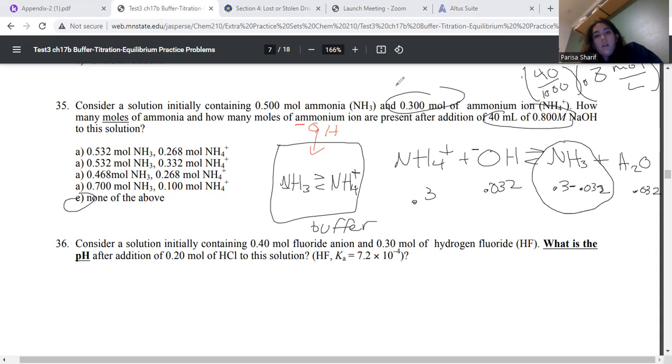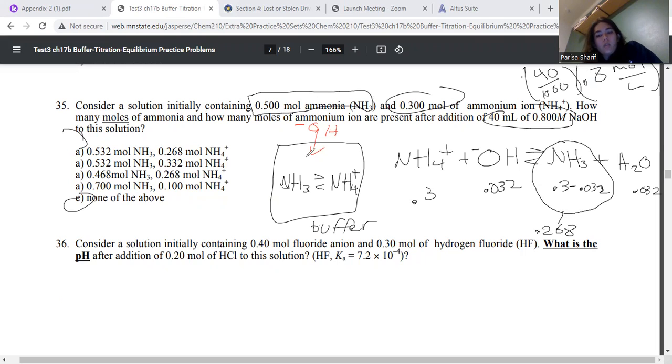The only thing is, so we made 0.3 minus 0.032 of the ammonia, right? So let's calculate what that is. 0.3 minus 0.032. That's 0.268. But I was looking for 0.268 here because I forgot there was already some ammonia in the solution. So you have to remember that.